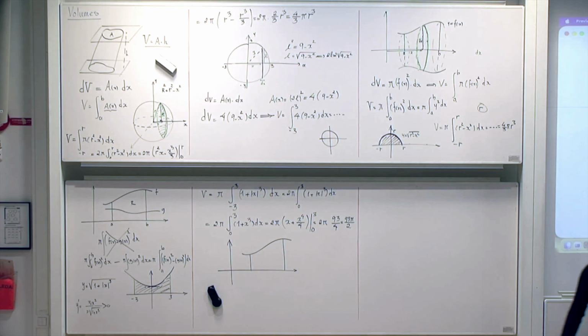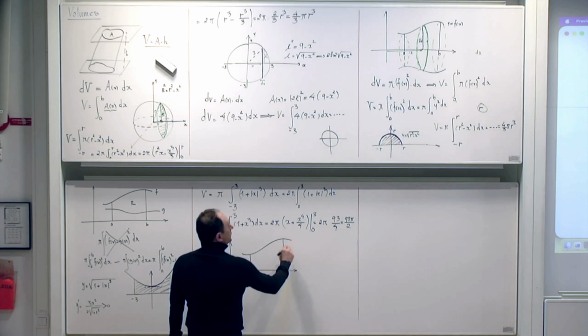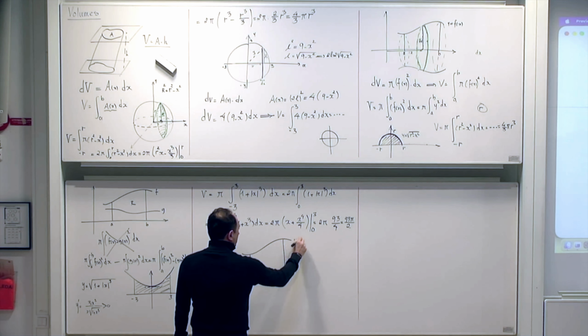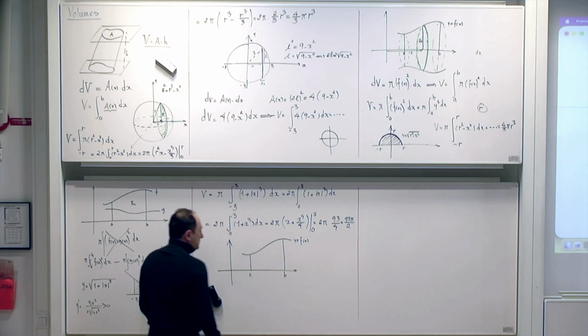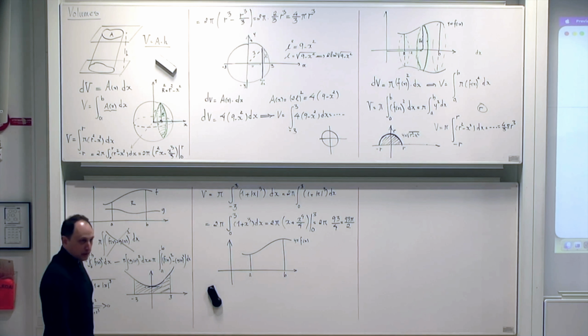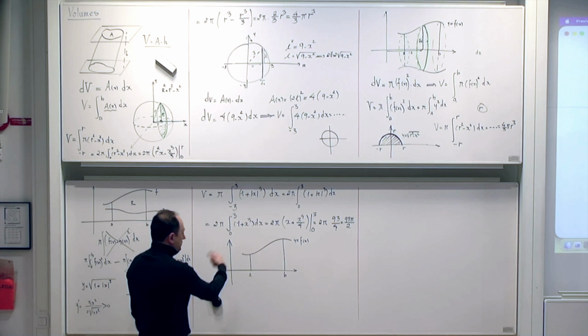Yes, so this is my region R. I don't want to write R here so that you're not confused, but this is my region R. This is my function f of x, and this is A to B. What I want to do this time is rotate it about the y-axis. I can still use the previous method to solve rotation about the y-axis, but another method, the cylindrical shell method, is easier.